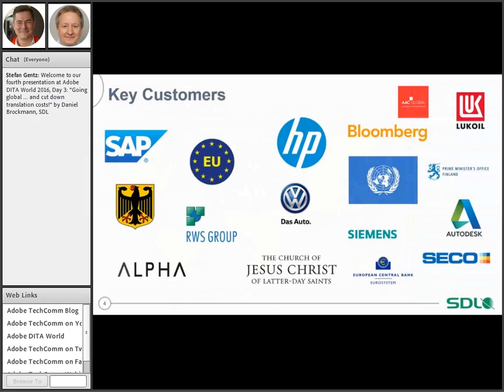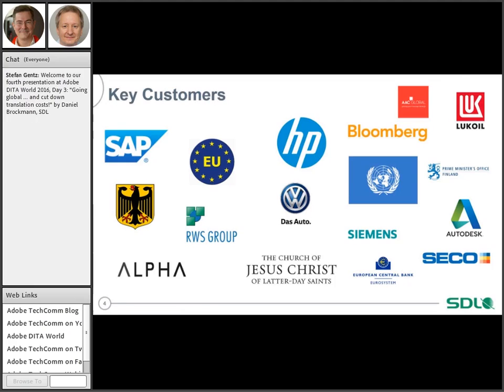So if we take a look briefly at some logos, we are very proud of really stretching from all the extremes in the market in terms of organizations and verticals. So we go all the way from supporting the EU, for example, with thousands of studio licenses that we have sold there.